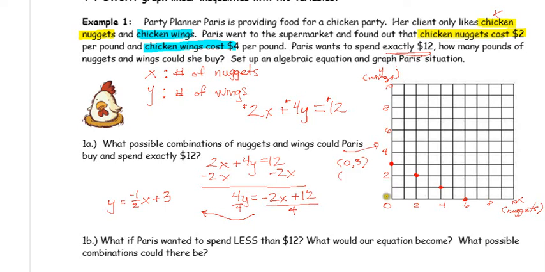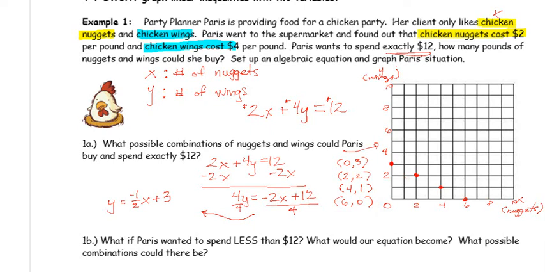Or she could buy 2 pounds of nuggets and 2 pounds of wings. Or she could buy 4 pounds of nuggets and 1 pound of wings. Or she could get 6 pounds of nuggets and no pounds of wings and spend exactly $12.